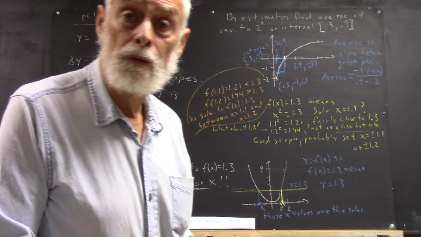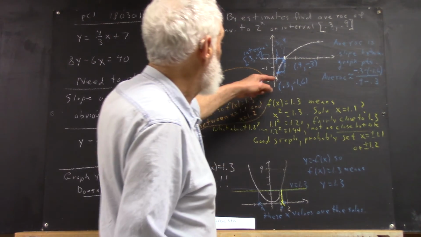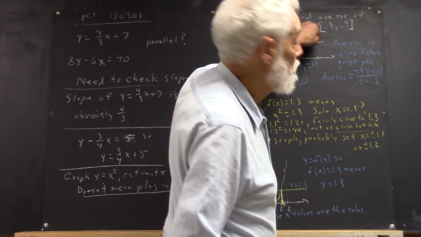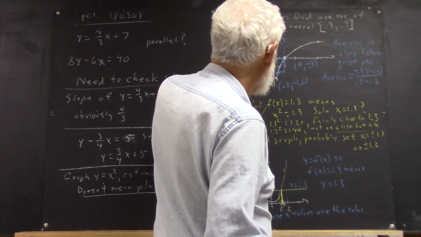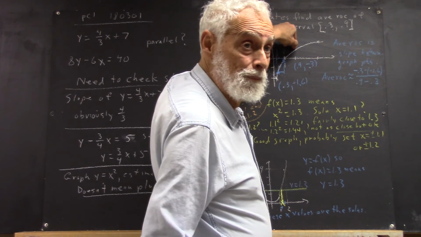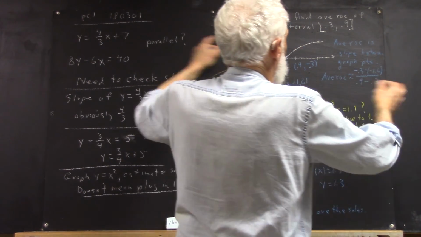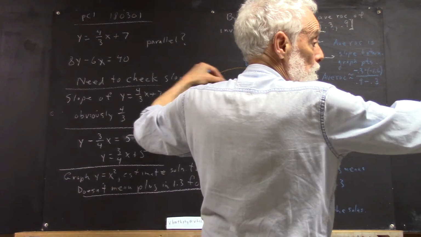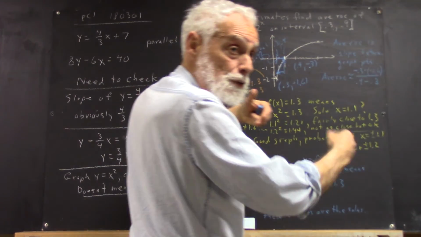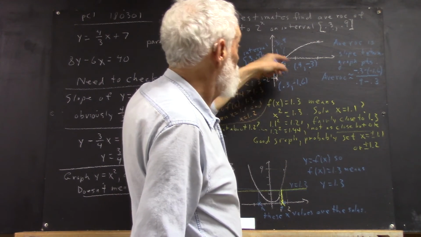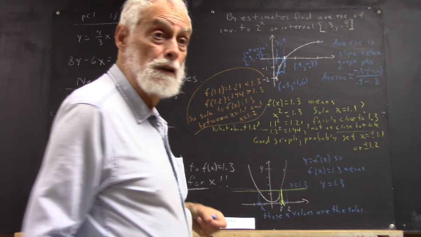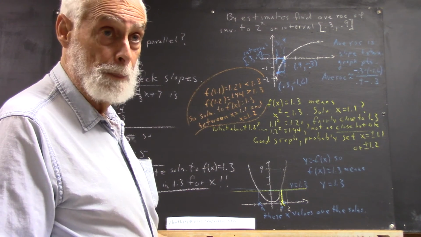Another thing I would do is make this part of the graph bigger, because you don't even need this part. If you have these points, you extend your x scale out a little bit, use bigger increments for your x's and maybe bigger increments for your y's. You could get a more accurate result.